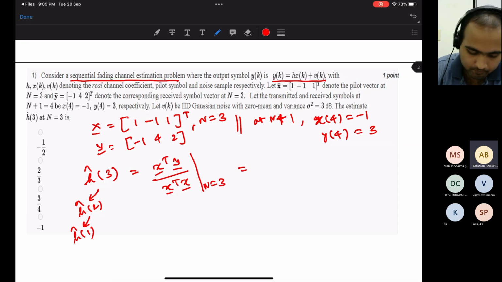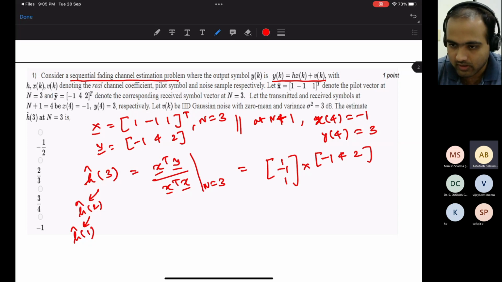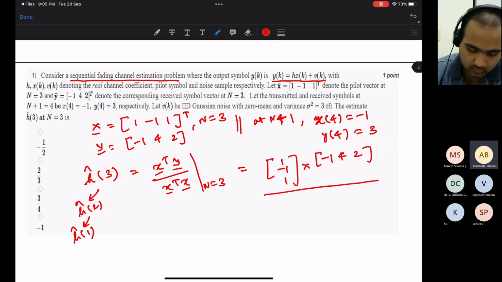If we solve this, we have x transpose, which is 1 minus 1 1, multiplied with -1 4 2, so this is x transpose y. And x transpose x is basically 1 minus 1 1 multiplied with 1 minus 1 1.